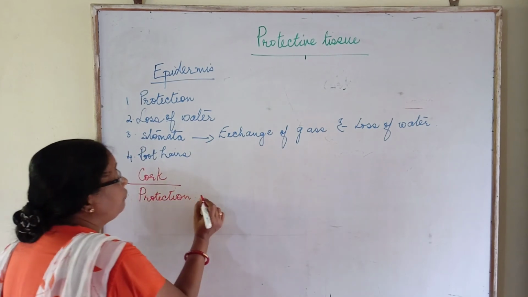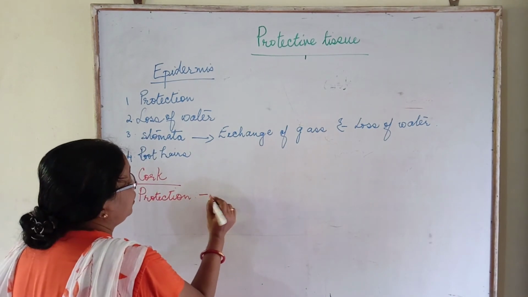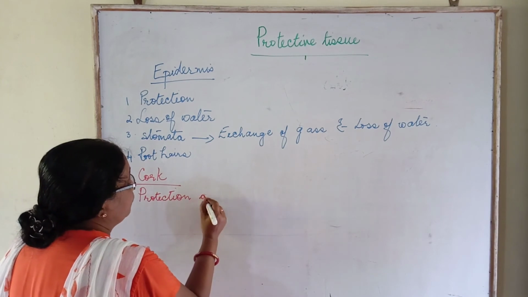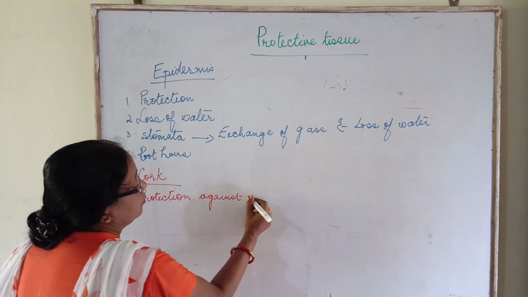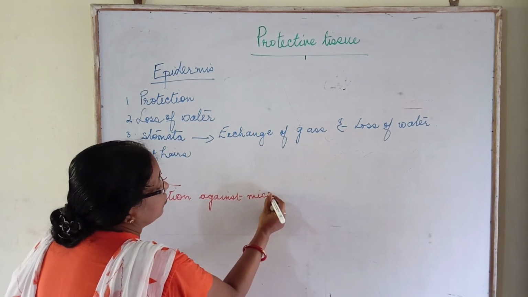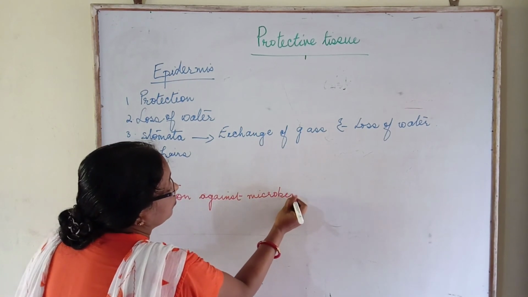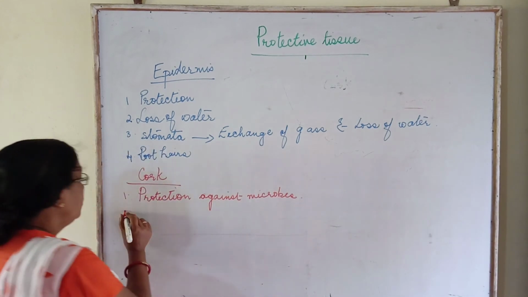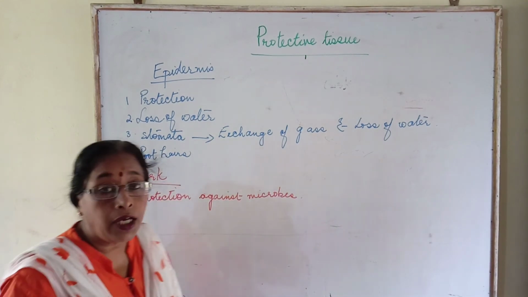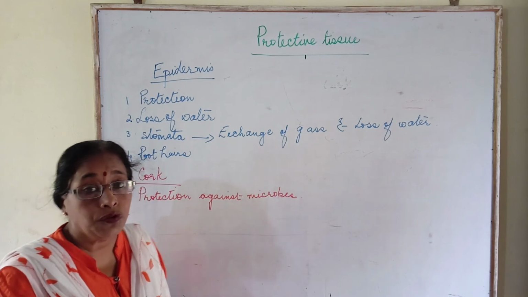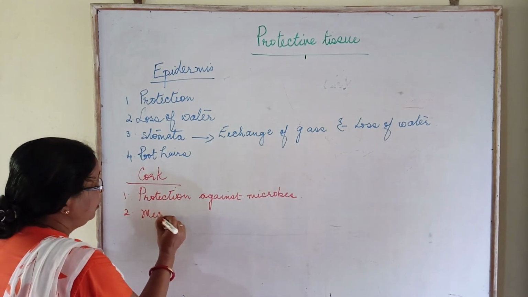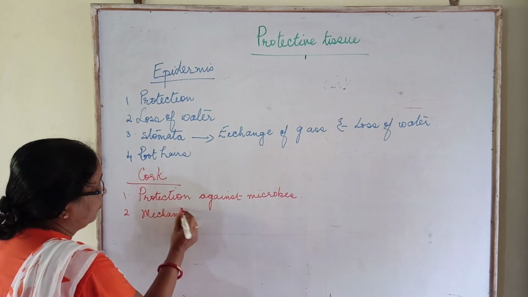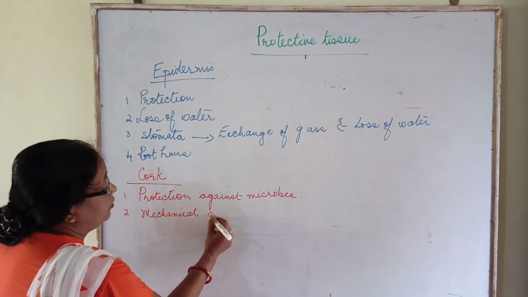So basically the first function is protection against microbes or pathogens. Cork also gives mechanical support, mechanical strength to the plant.